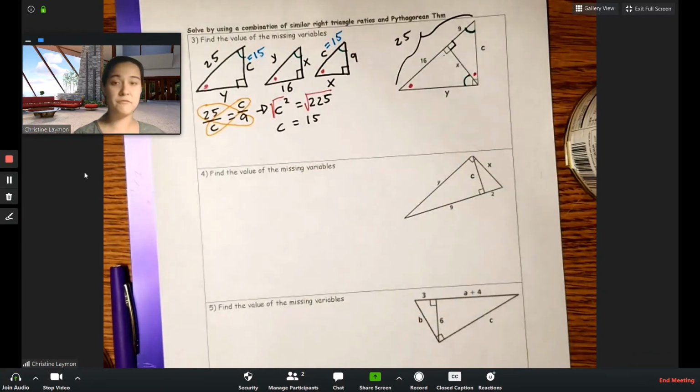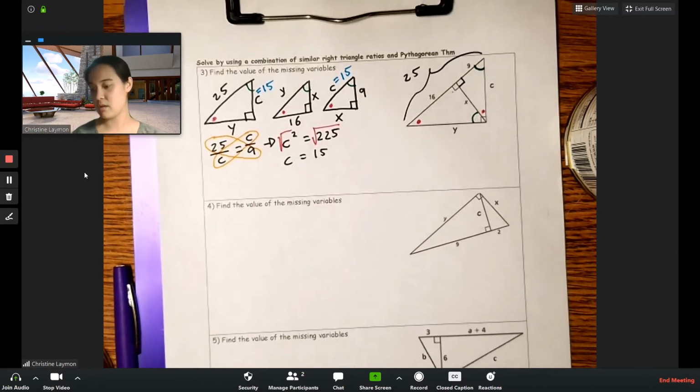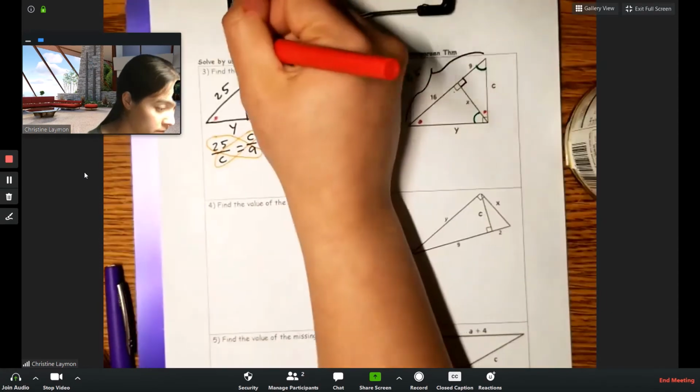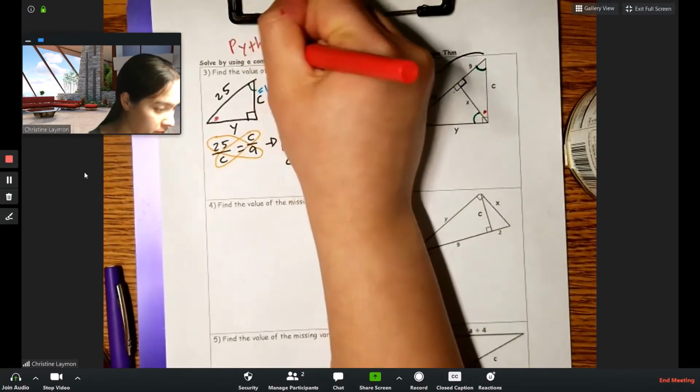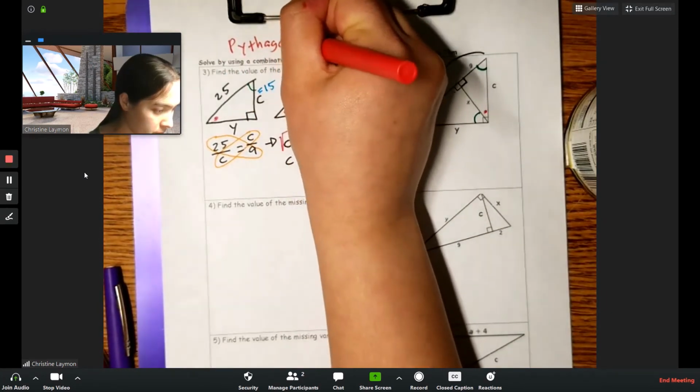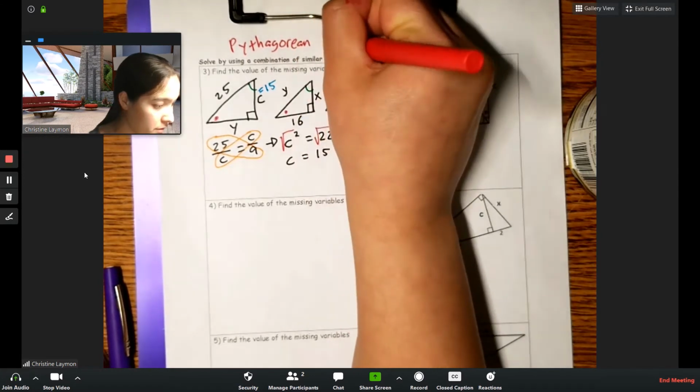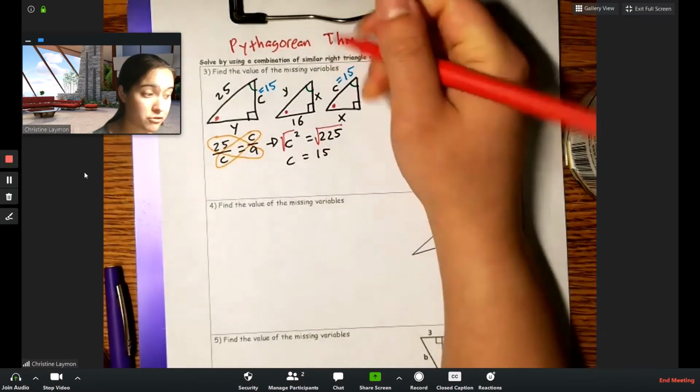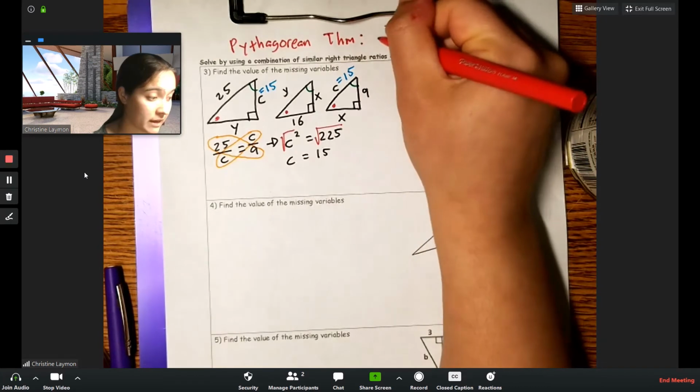Well, guess what? If you take a look at those triangles, we can now use Pythagorean theorem to solve for the rest. Remember Pythagorean theorem, let me actually write that up top here. Pythagorean theorem. We can use this to find missing length of right triangles if I know 2 of the other lengths.